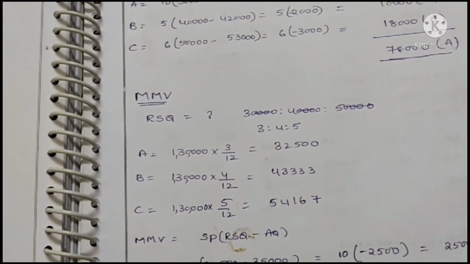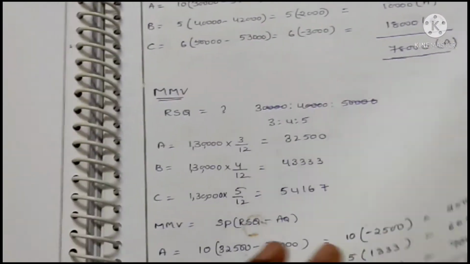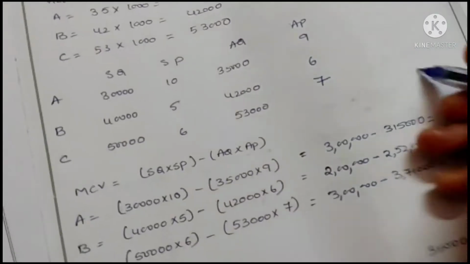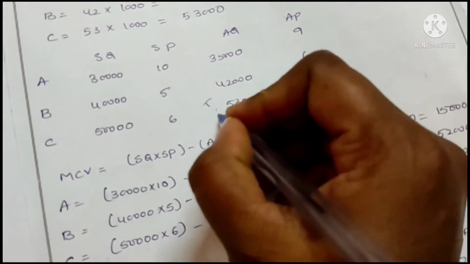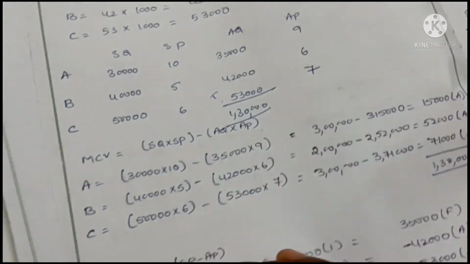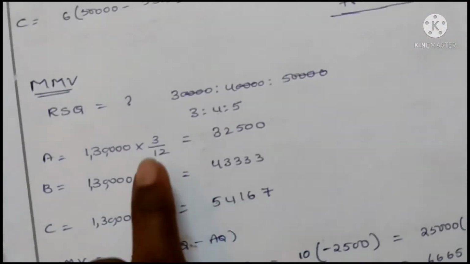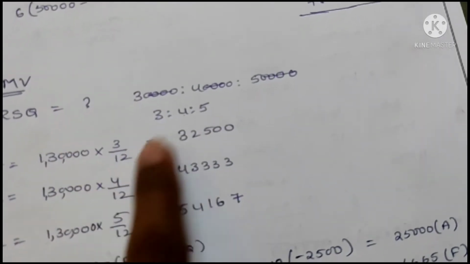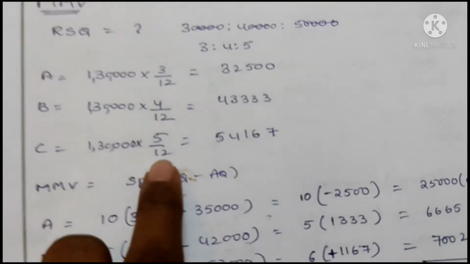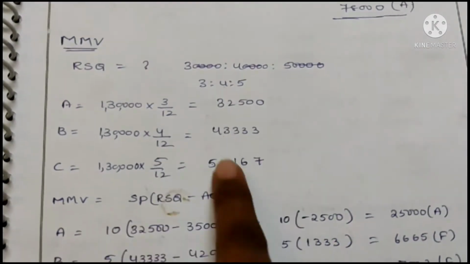Now, next what we have to do? Total actual quantity. Actual quantity, how much here it is? 1,30,000. Total here is 1,30,000. So we have to divide that actual quantity in this ratio: 1,30,000 into 3 by 12, 1,30,000 into 4 by 12 and 1,30,000 into 5 by 12. You will get these values.